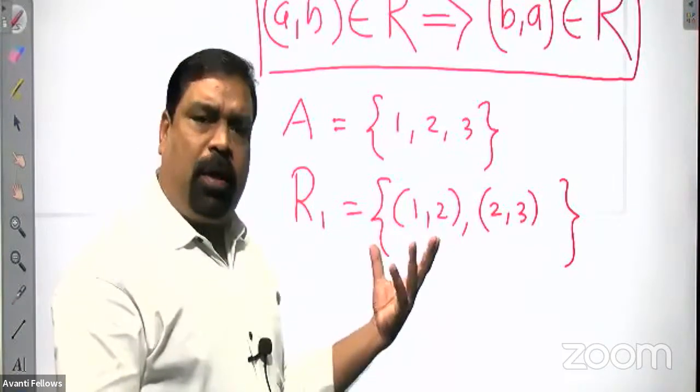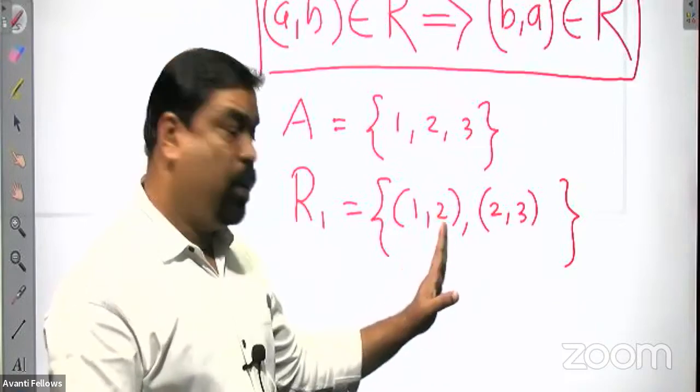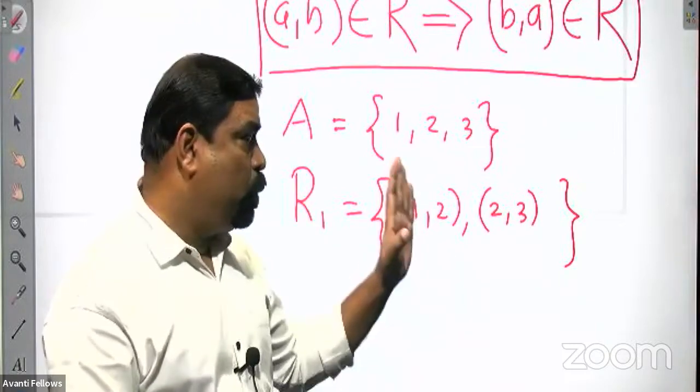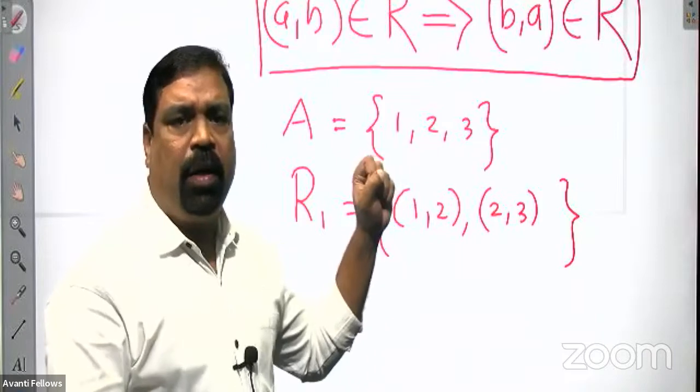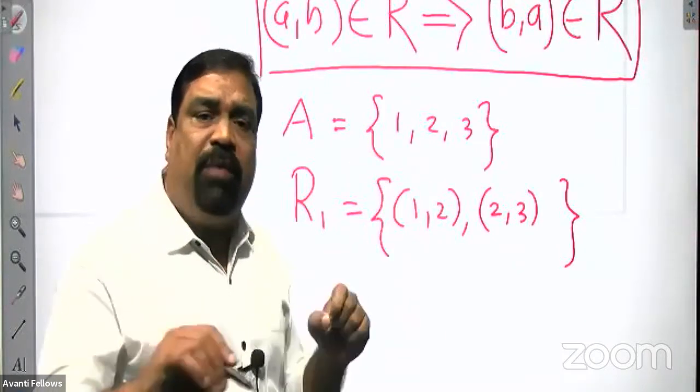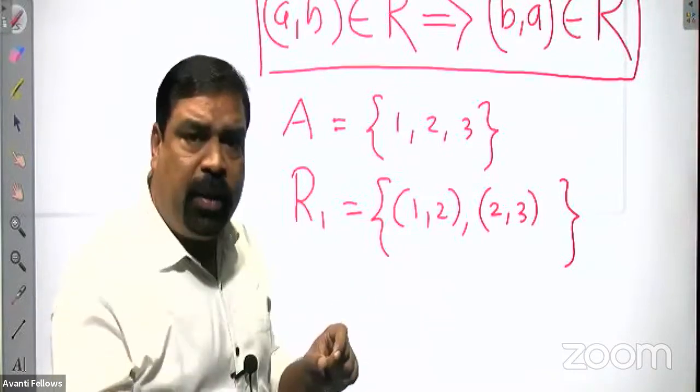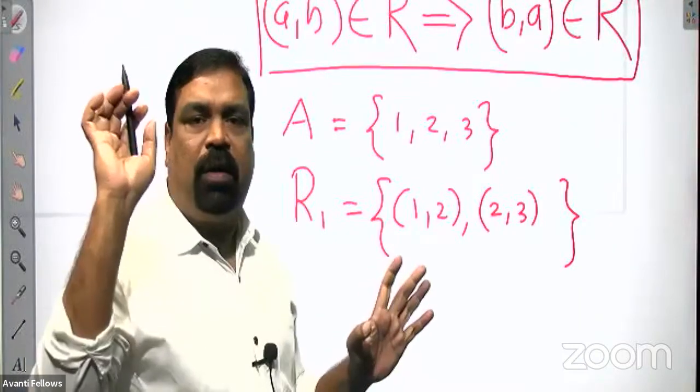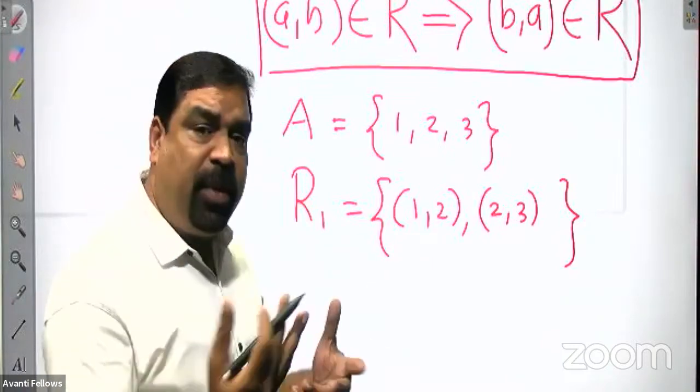No, it is not reflexive very clearly, because (1, 1) is not there, (2, 2) is not there, (3, 3) is not there. For reflexive, (1, 1) must be there, (2, 2) must be there, (3, 3) must be there.